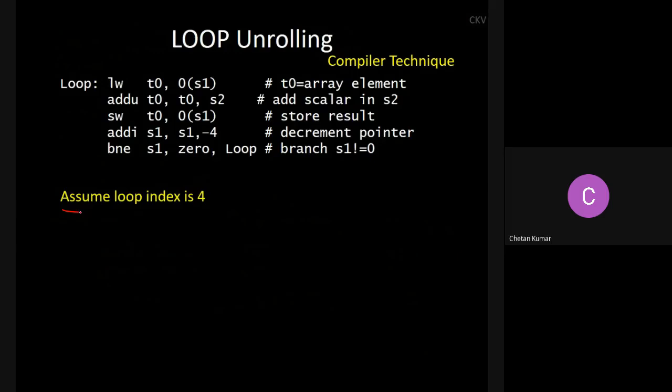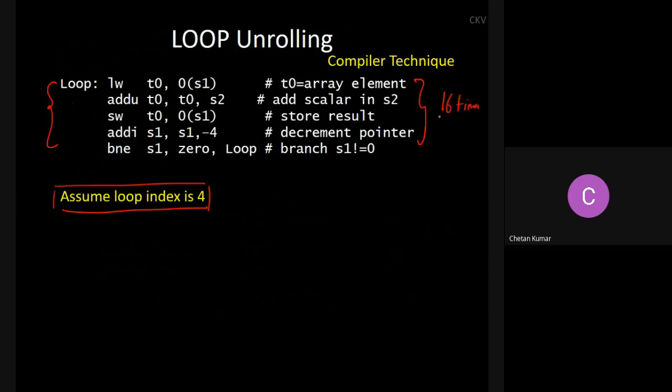So we'll assume the loop index as 4. What do you mean by loop index? How many times you want to replicate this loop. There is a difference between the number of times the loop should run and the loop index. Let's say this loop is supposed to run 16 times.